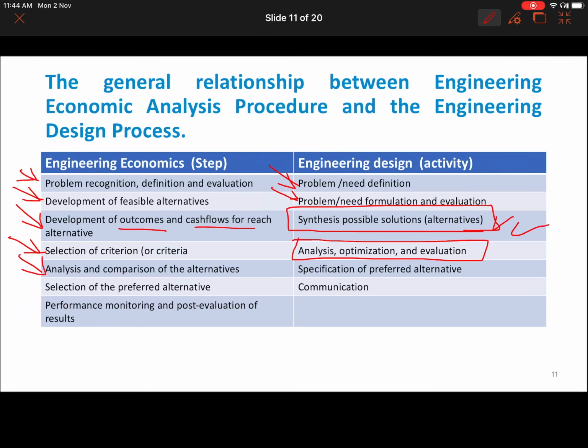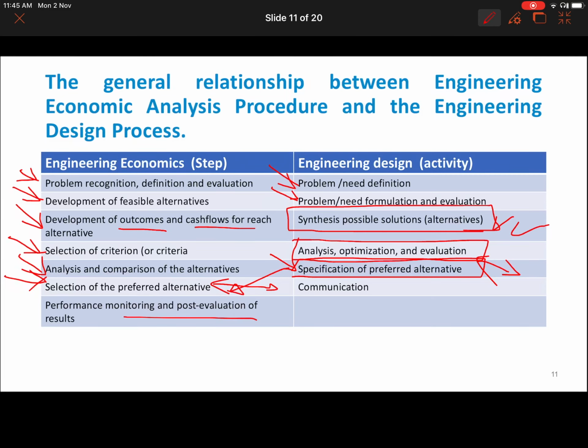Then we have analysis and comparison of alternatives, so we start to compare between alternatives. Almost the same in the fifth point in engineering design: selection of preferred alternative. Once you specify the preferred alternative, it's almost the same, but here it depends on design merits and in economics on economic merits.